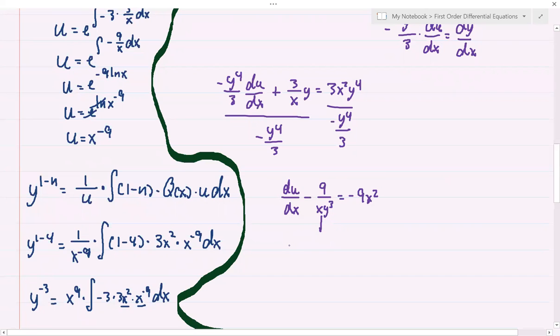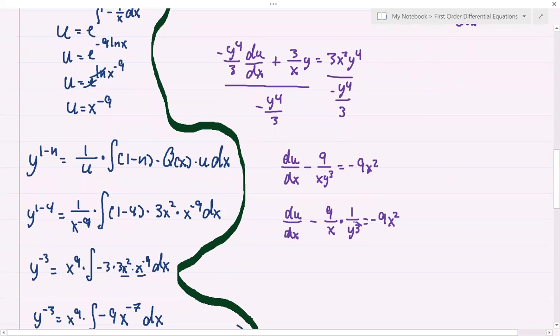So I will have du all over dx minus 9 all over x times 1 all over y cubed is equal to negative 9x squared. And remember, if you'd like to bring a term upward to the numerator, you're going to change the exponent into the opposite sign.